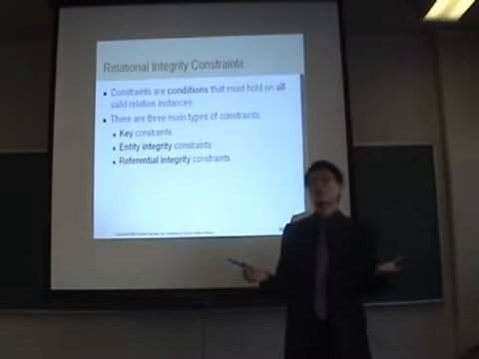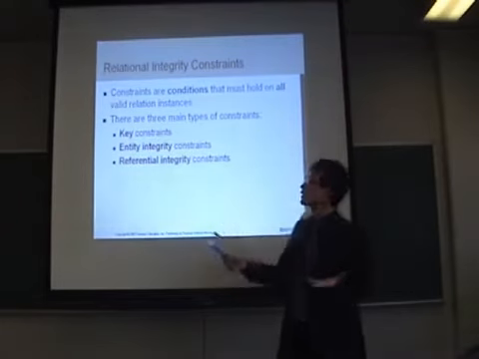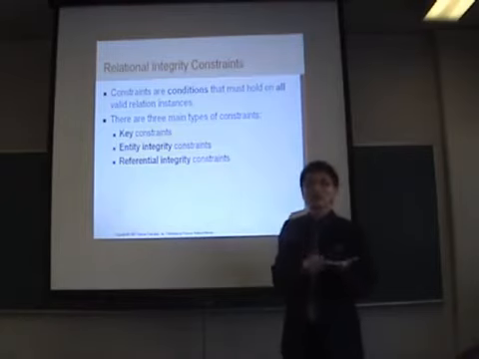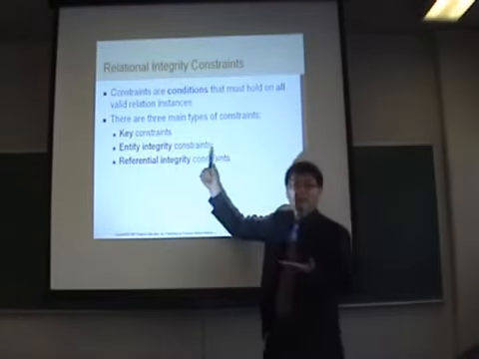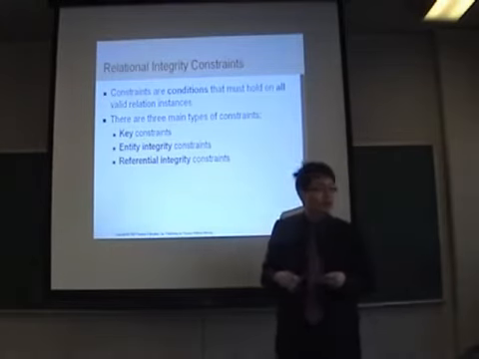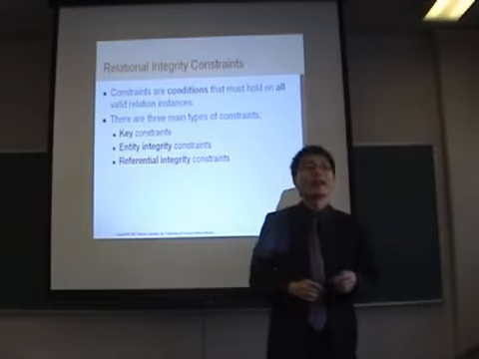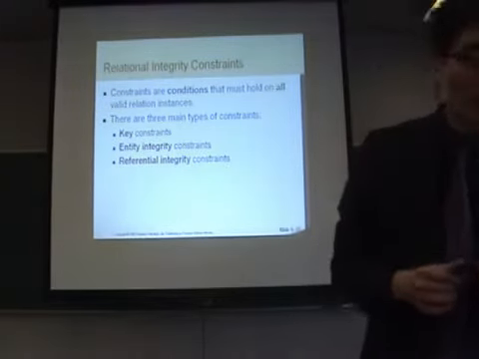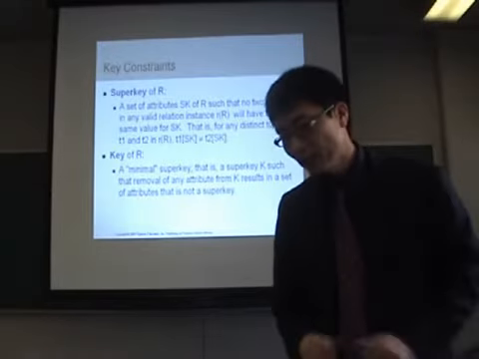It's a rule, policy, or constraint. It's a common thing. So we are going to find what the main rule, policy, or constraint used in the relational database model is. That can be summarized as three things: key, entity integrity, and referential integrity constraints. First, key constraint.